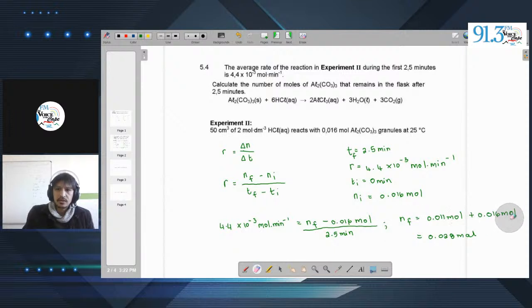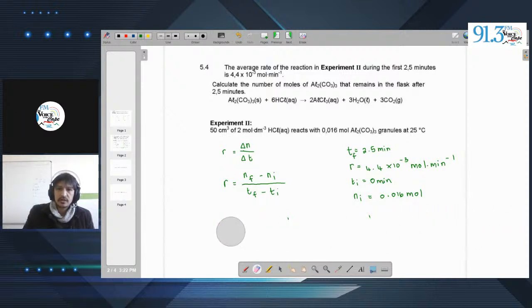This is wrong over here. But if we substitute it like this, delta N, we leave it as the unknown. This is the change in number of moles over 2.5. We substitute 4.4 times 10 to the minus 3. And then we get 0.011 equals the change in n, which makes sense.